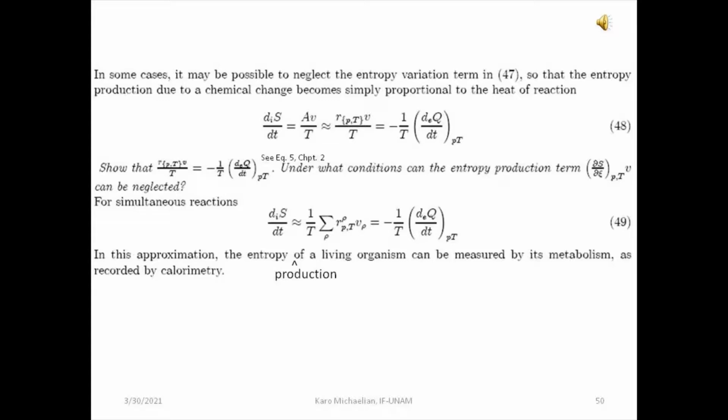So we just do a sum over rho, where rho is the index which indicates which reaction we're taking into account, and that is equal to the total heat which is being given off to the environment or taken in from the environment in the case of endothermic reactions. So in this approximation in which we can neglect the change in the entropy of the system while the reactions are occurring, the entropy production of this system, or a living system or any system, can then be measured by its metabolism as recorded by calorimetry.